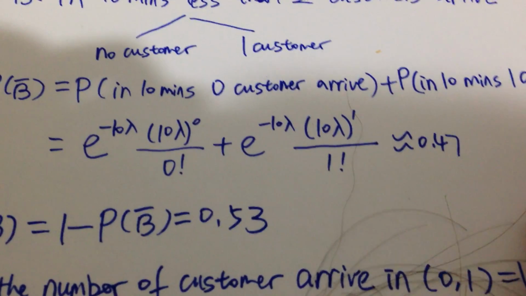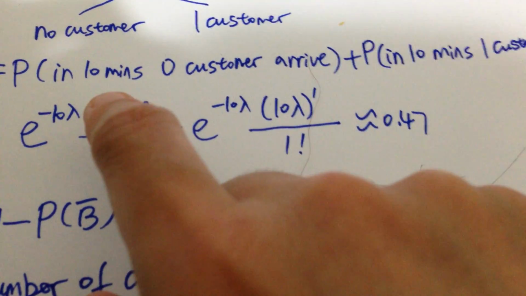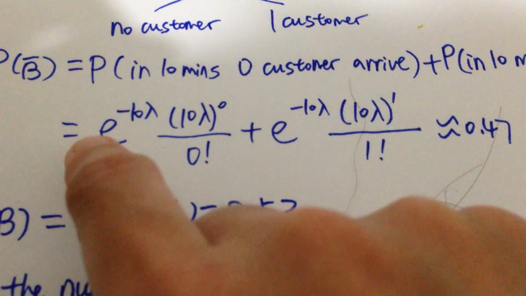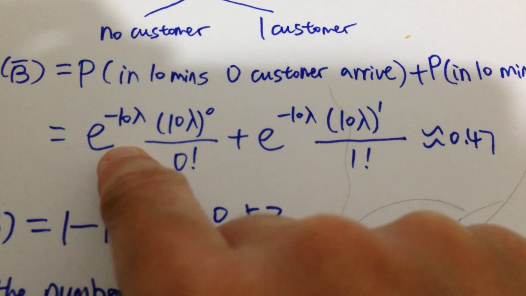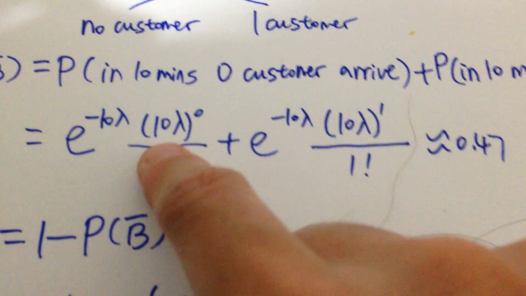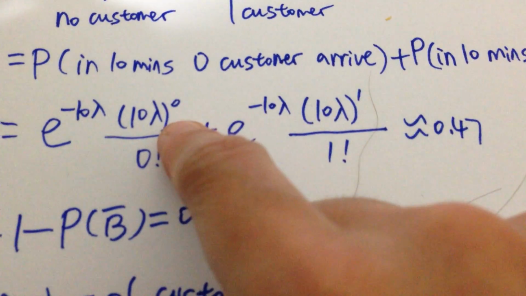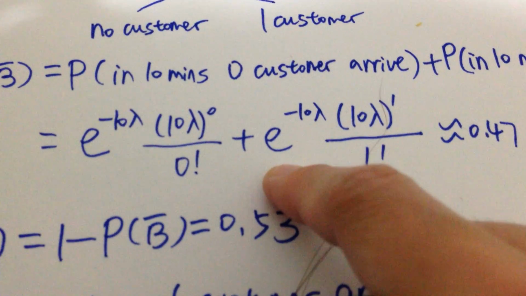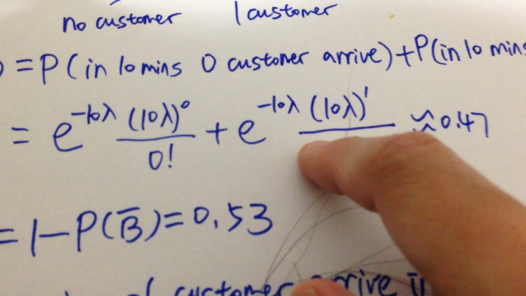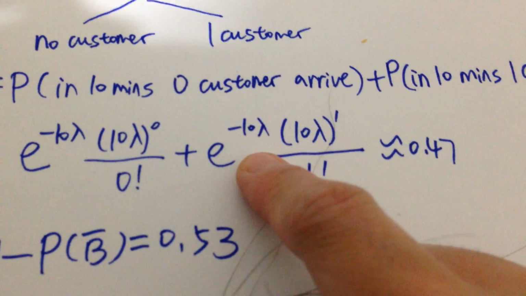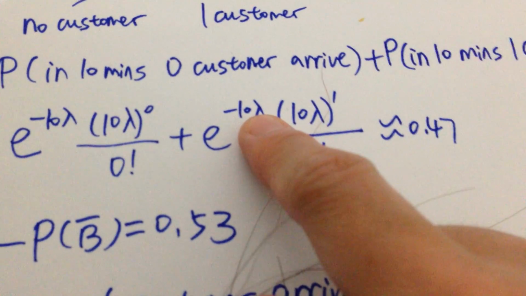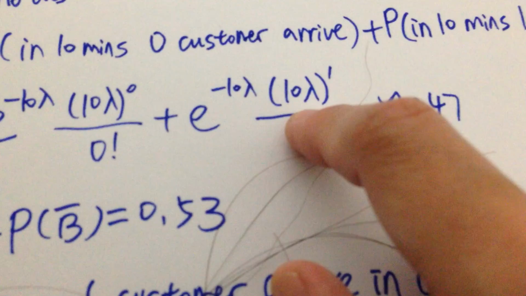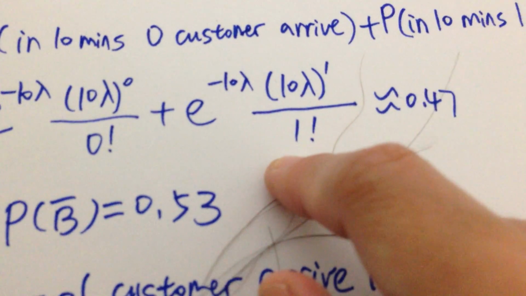So the probability that in 10 minutes there are 0 customers arriving should be e to the power of minus 10 times lambda, times 10 times lambda to the power of 0, divided by 0 factorial, plus the probability that just 1 customer arrived in 10 minutes, which is e to the power of minus 10 times lambda, times 10 times lambda to the power of 1, divided by 1 factorial.